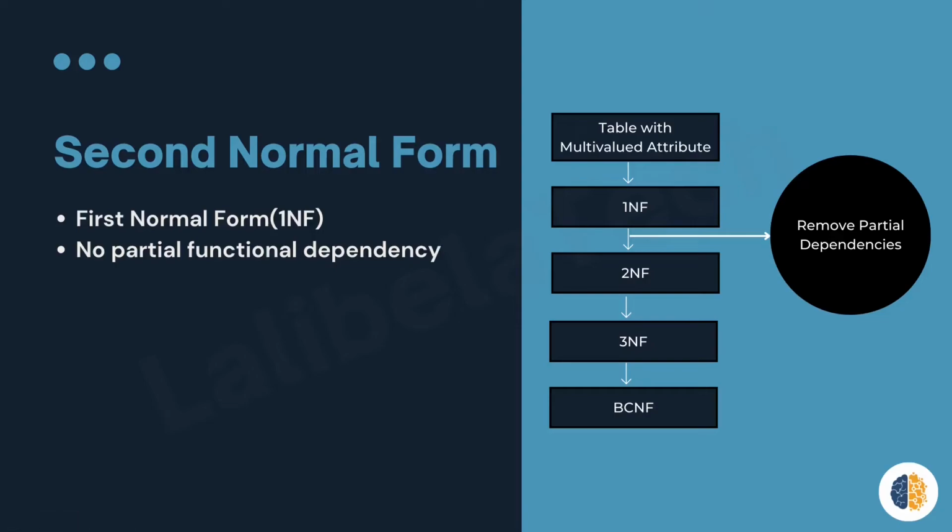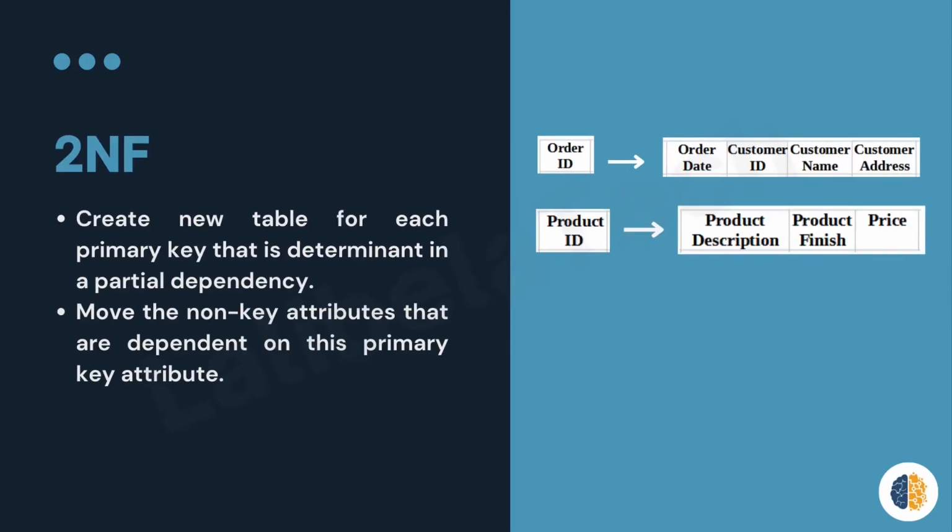Since we identified the partial dependencies, let us see how to avoid them. To avoid them, it is like converting first normal form to second normal form. The first step is to create a new table for each primary key that is a determinant in a partial dependency. So let us create a table with order ID.